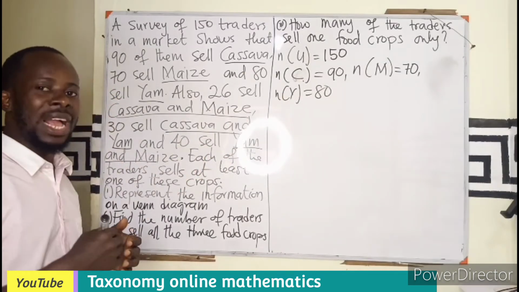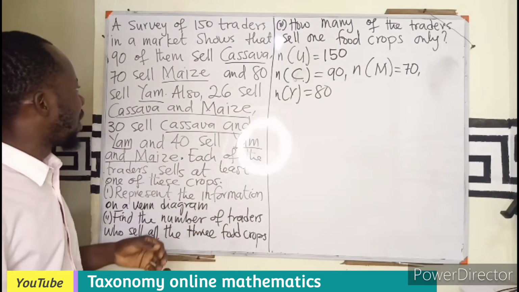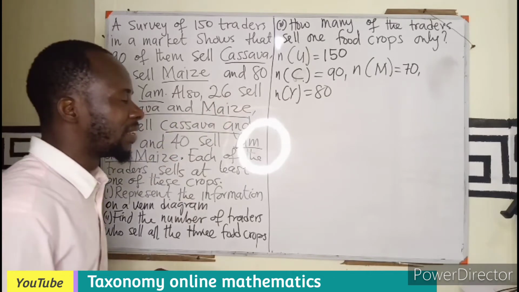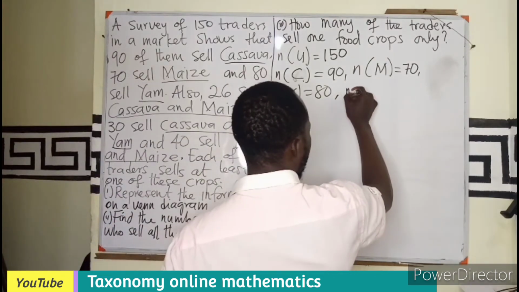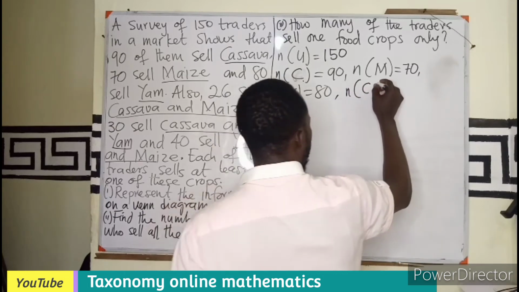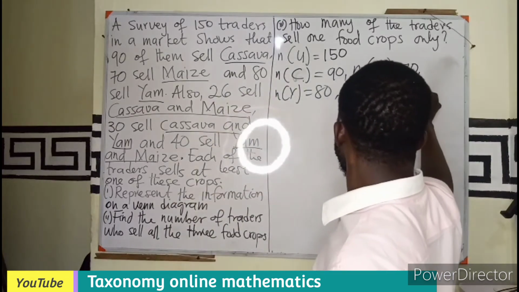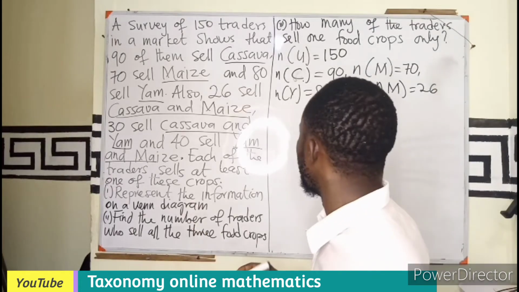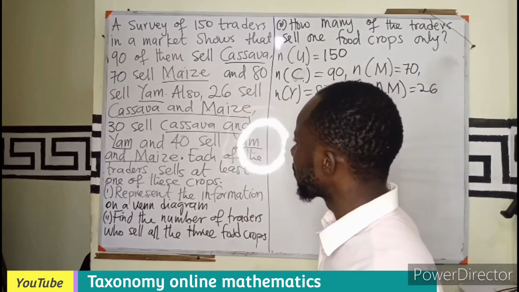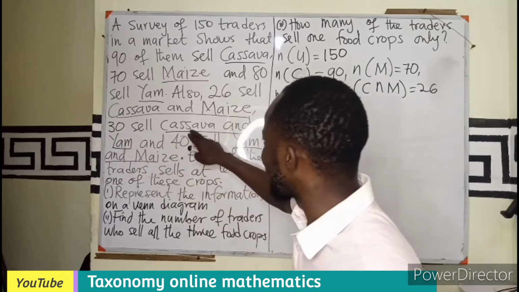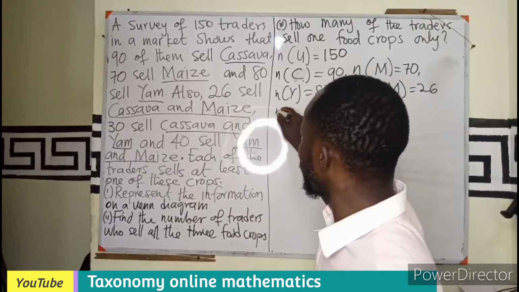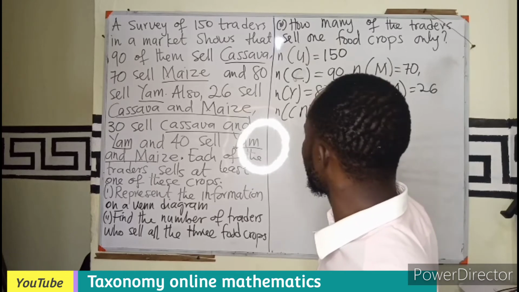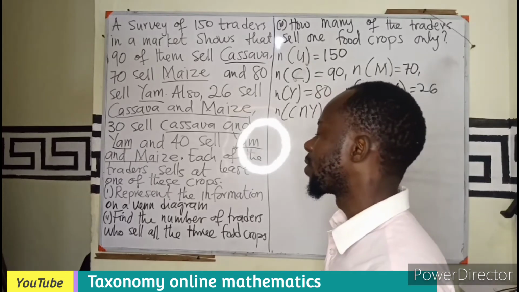Alright, let's see if we can get their intersections. We have been told that 26 sell cassava and maize. That means that the intersection of cassava and maize is 26. Then 30 sell cassava and yam, so the number of cassava intersection yam is 30.